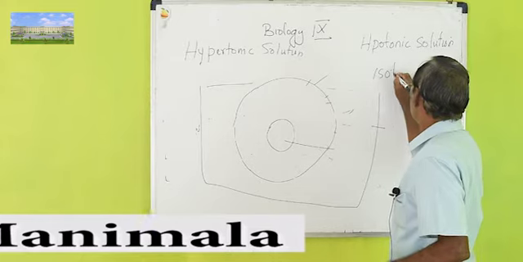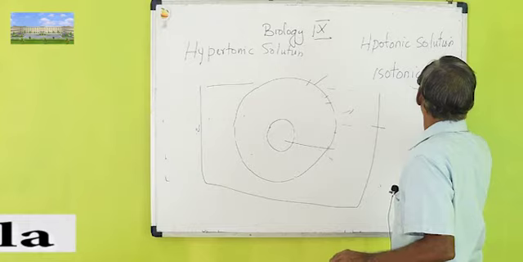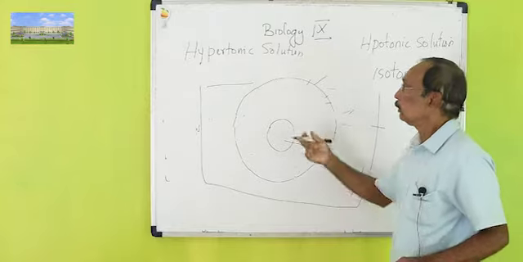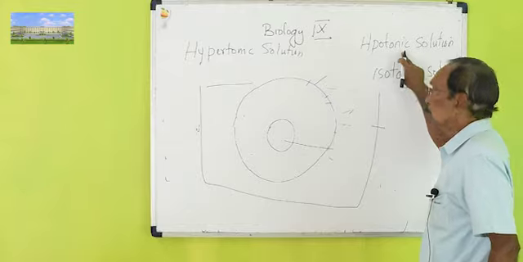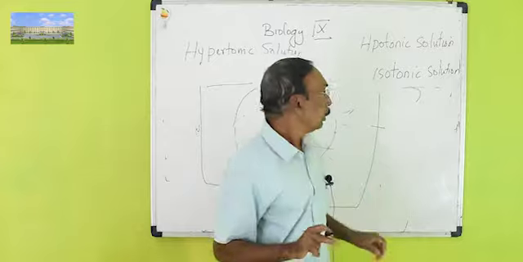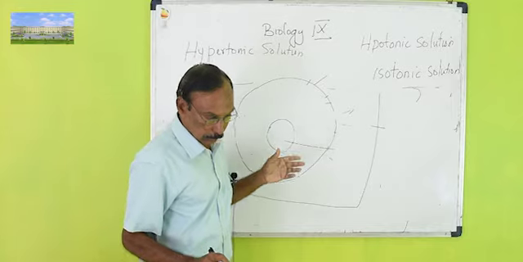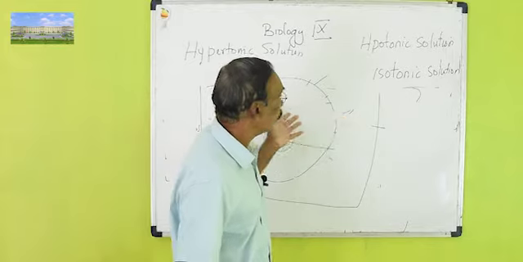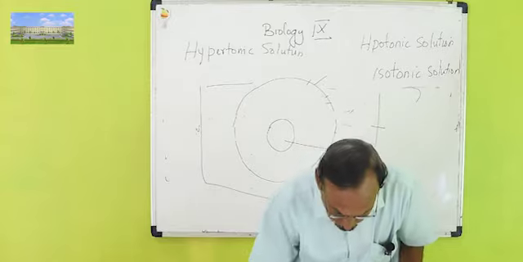So there are 3 types of solutions: hypertonic, hypotonic, and isotonic. What happens in an isotonic solution? The cell will not show any change, because with the same concentration inside and outside, water will not go in or go out.